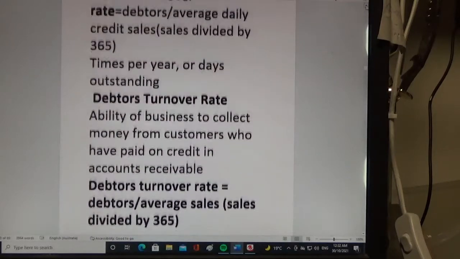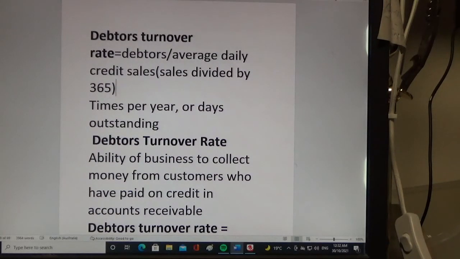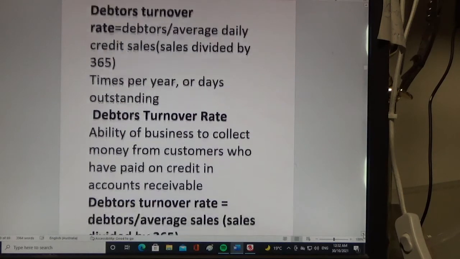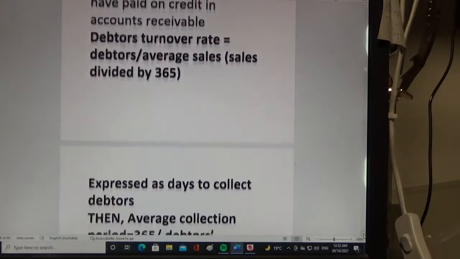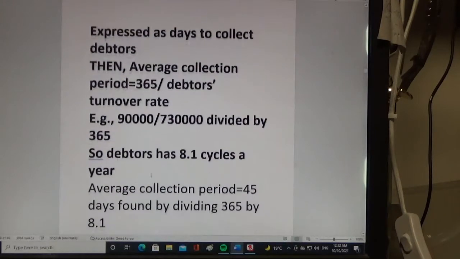It's debtors, that's right, over average sales. So debtors in your numerator, 90,000, divided by your average sales, 730,000, right?